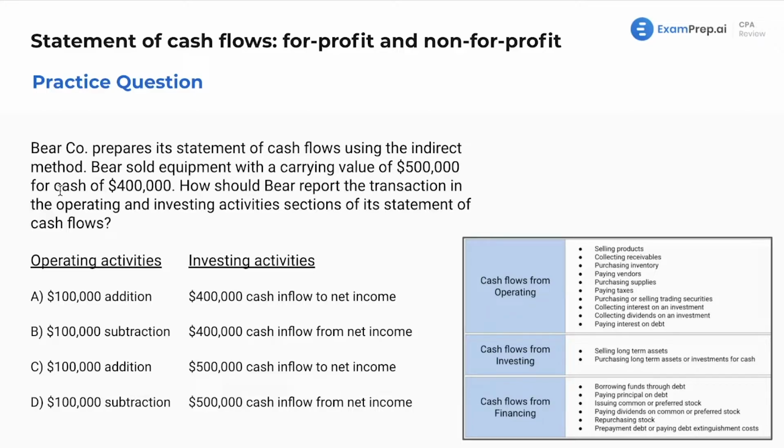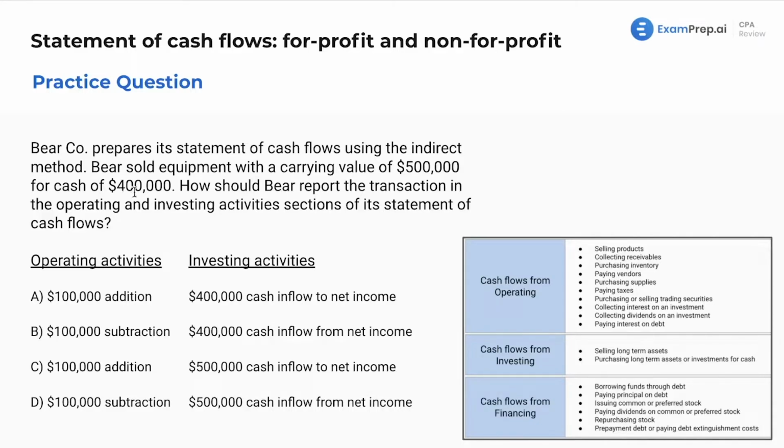The indirect method of our operating activities has us start with net income and then add or subtract out non-cash flowing activities such as depreciation, amortization, gains, and losses. Now, our operating activities in this case would not be stated correctly because we included a loss that is non-cash flowing.